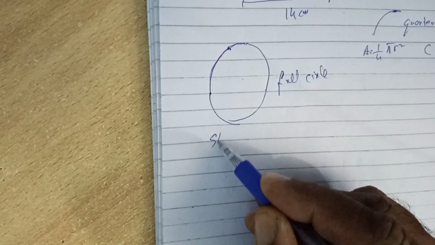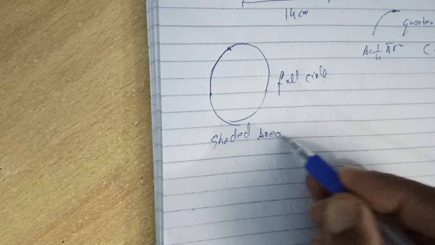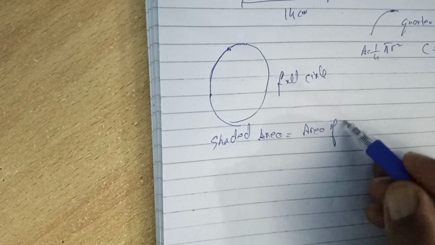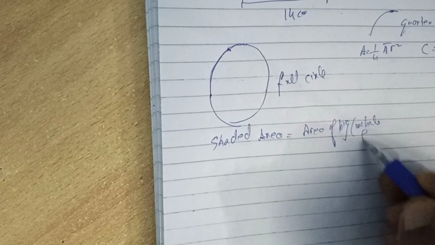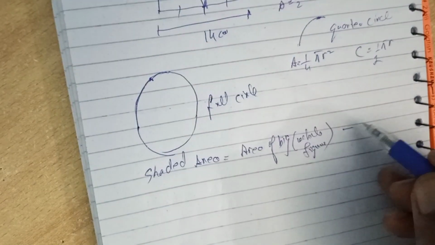Remember always, shaded area is equal to the area of the whole figure given in the diagram minus the area of the unshaded part.